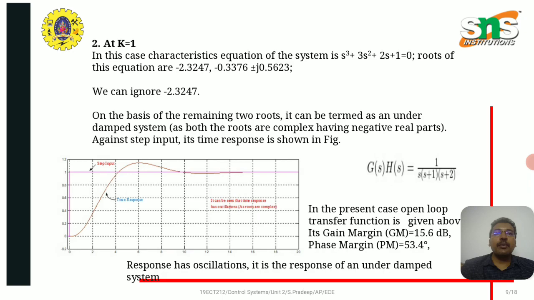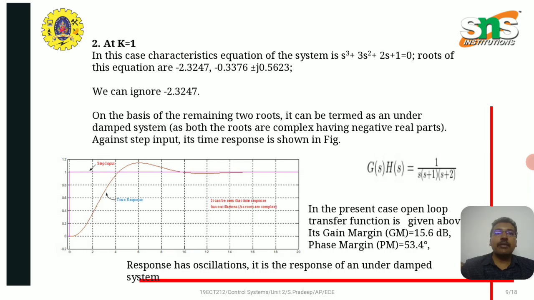For k equal to 1, the characteristic equation of the system is s cube plus 3s square plus 2s plus 1 equal to 0, and the roots of this equation are minus 2.3247, minus 0.3376 plus or minus j0.5623. We can ignore minus 2.3247.